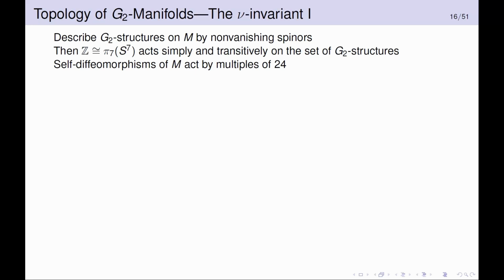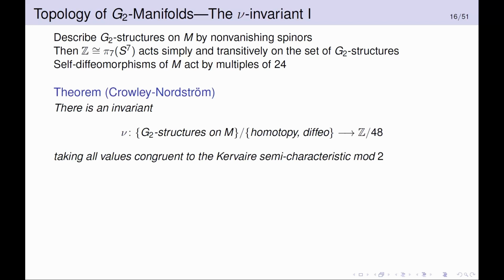So you should mod out 24 in some way. And indeed, Crowley and Nordström found that there is an invariant nu from this G2 structure space, modulo homotopy and diffeos, to Z mod 48. But it doesn't take all 48 values, it only takes those which have the same parity as the Euler characteristic. So it's always the 24 values that you would expect from the Eells-Kuiper invariant.